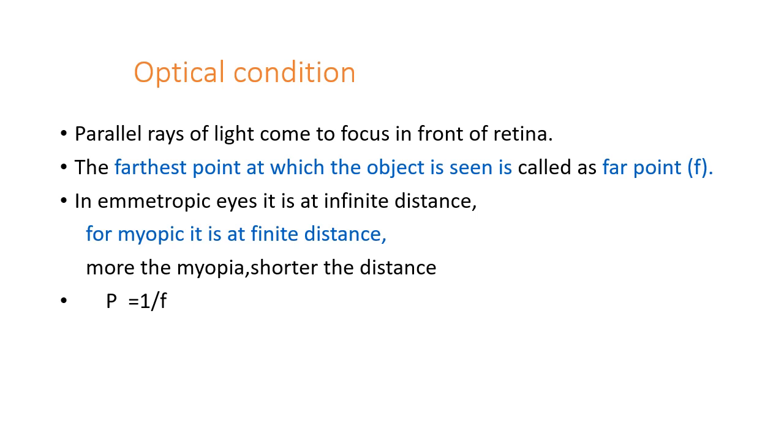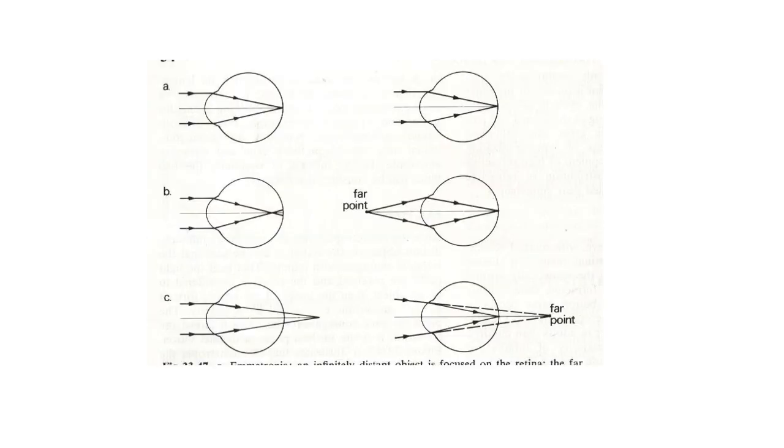The furthest point at which the object is seen is called the far point. In emmetropic eyes, it is at infinite distance. For a myopic eye, it is at a finite distance. So there are three pictures, A, B, C. In A, the rays coming from far away, taken as more than 6 meters away, focus on the retina.